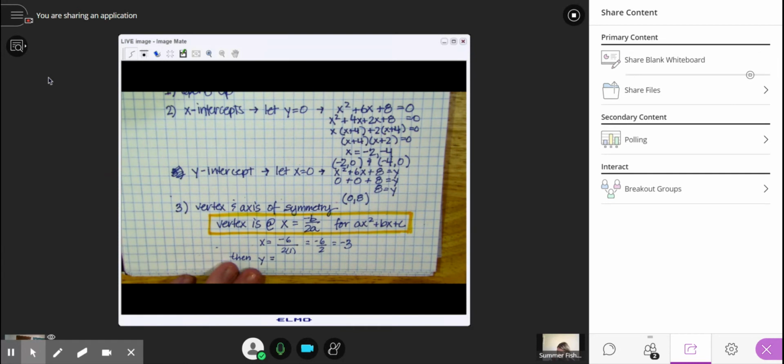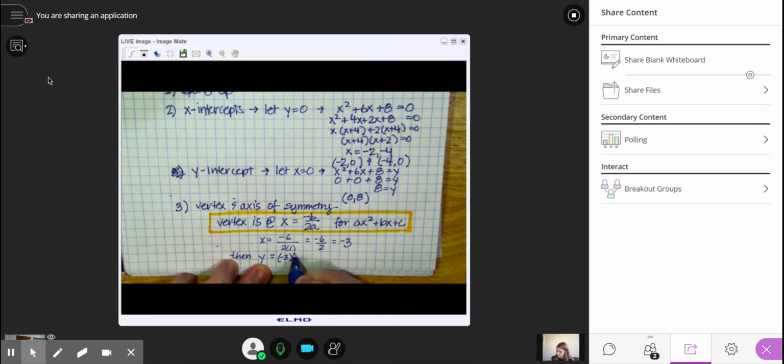Then the y value is a negative 3 squared plus 6 times the negative 3 plus 8.